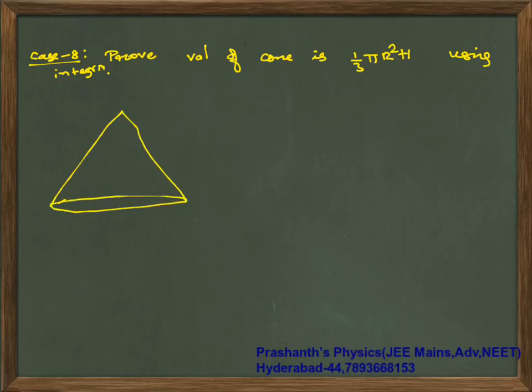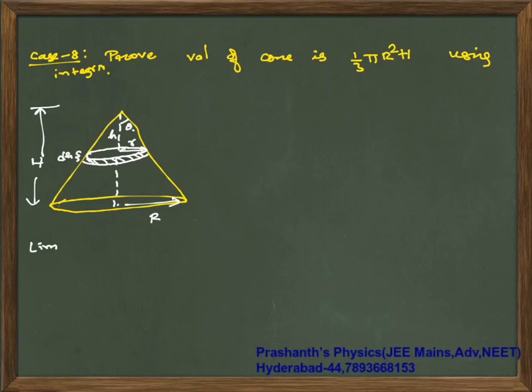Let us say you have taken a small disc, let us say this height is h, width is dh, total height, let us say it is capital H, let us say this radius is capital R, and this is small r, and this is theta.